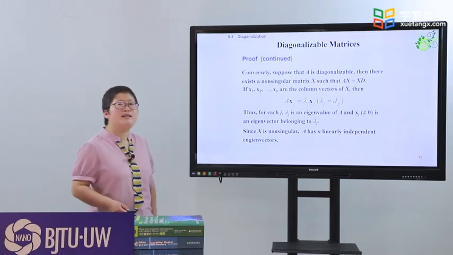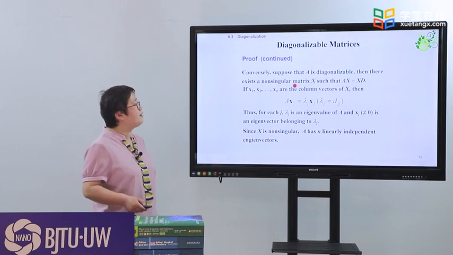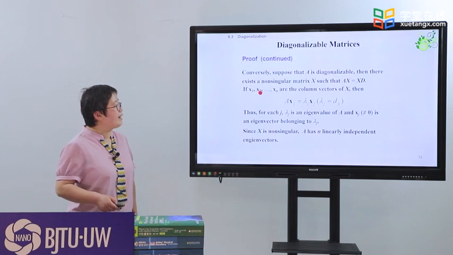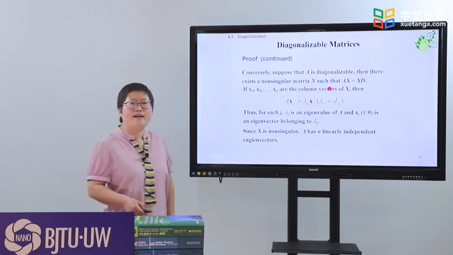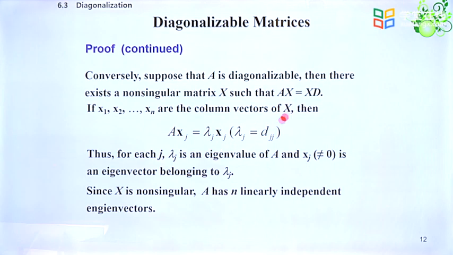Okay. Conversely, suppose that A is diagonalizable. Then there exists a non-singular matrix X such that AX equals XD. If x1, x2, till xn are the column vectors of X, then A times xj equals lambda j times xj. You just write out each column, okay? Then lambda j here equals dj.